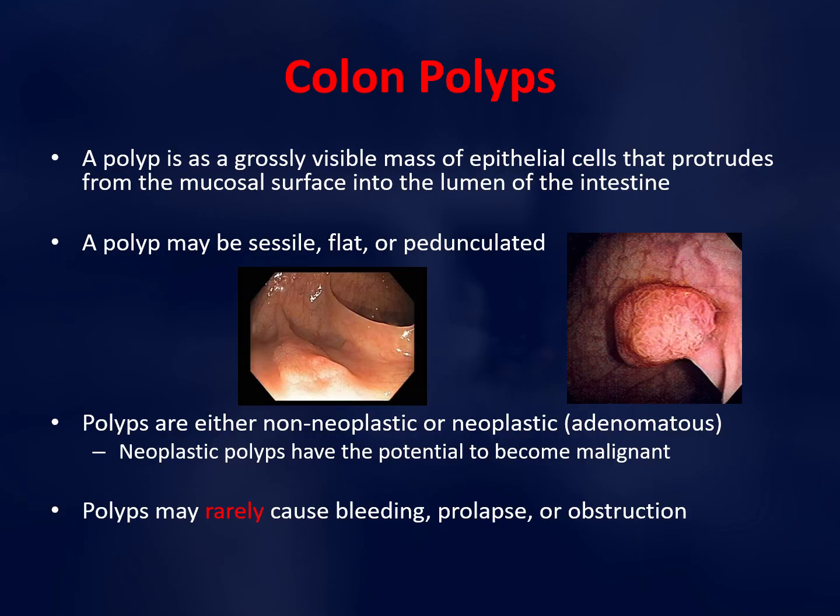Polyps are either non-neoplastic or neoplastic, like adenomas. Neoplastic polyps have the potential to become malignant. Polyps may sometimes cause bleeding, prolapse, or obstruction of the intestinal lumen.